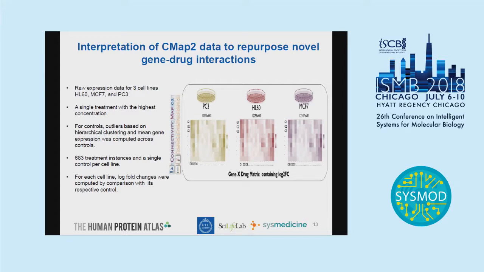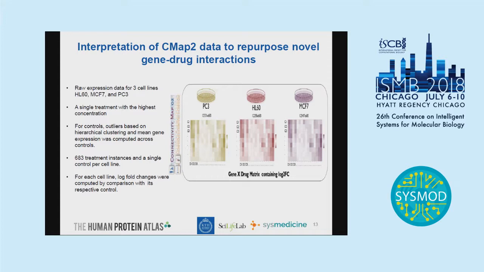If I would like to test these drugs in my model, I also need to know which genes have interaction with these drugs, or which drug has interaction with these genes. That's why I also interpreted the Connectivity Map data to repurpose novel gene-drug interactions. I got the raw expression data for 3 cell lines, HL60, MCF7, and PC3.